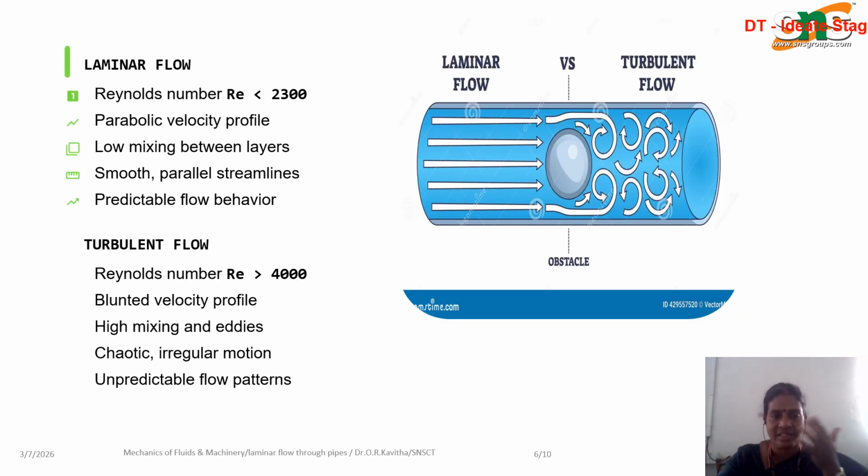For laminar flow, the Reynolds number is always less than 2000 to 2300, and it has a parabolic profile with low mixing between the layers.